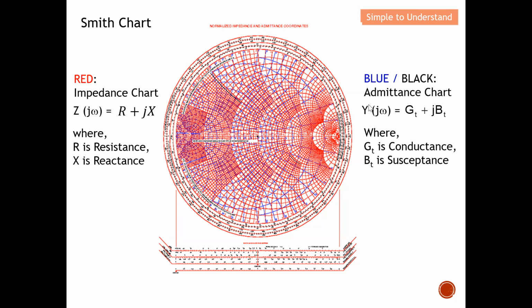Over here you can see that it is in fact the reverse, which is 1 over Z, that we get the admittance. So over here, this is the conductance, and this is the susceptance. So that gives you some idea what the Smith chart is. Basically, it's a combination of the impedance chart and also the admittance chart, which we will illustrate further later on.